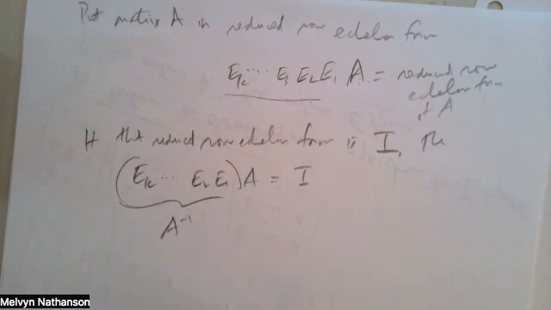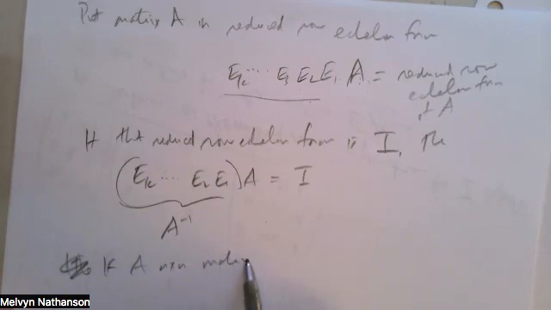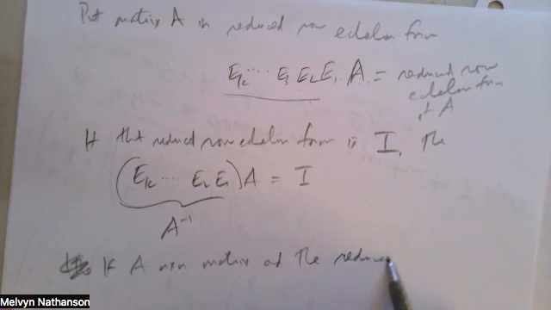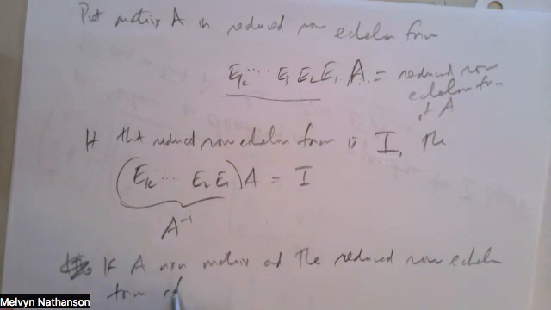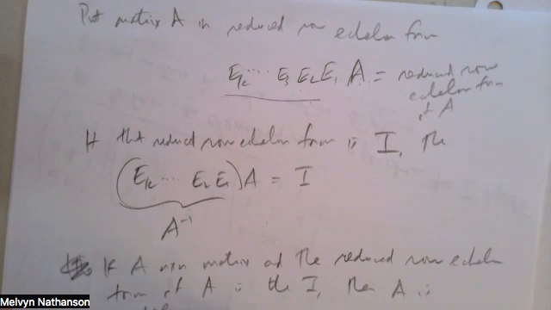So this says the following: if A is an n by n matrix and the reduced row echelon form of A is the identity, then A is invertible and the inverse is this product of elementary matrices that you use to put A in reduced row echelon form.